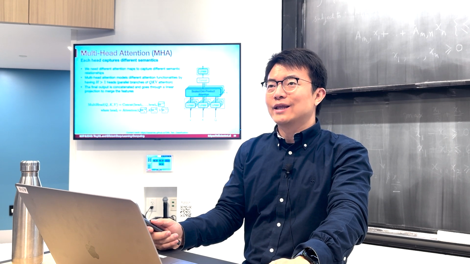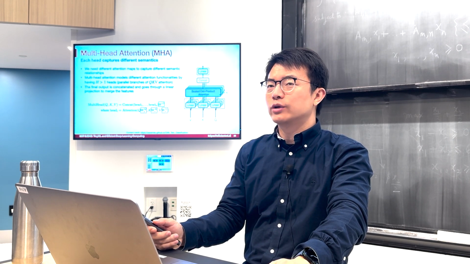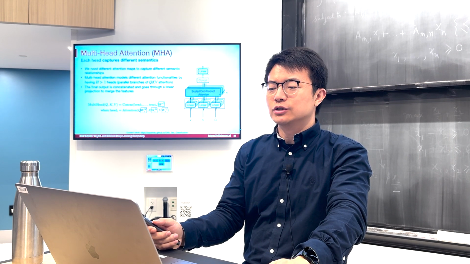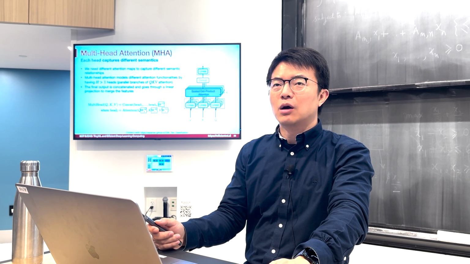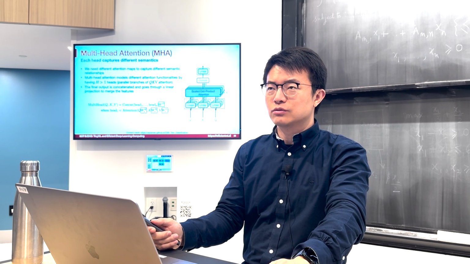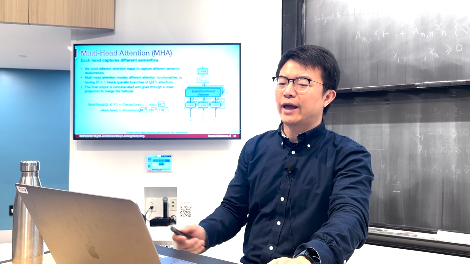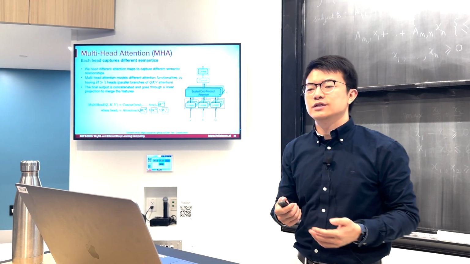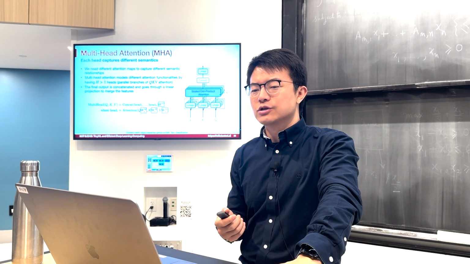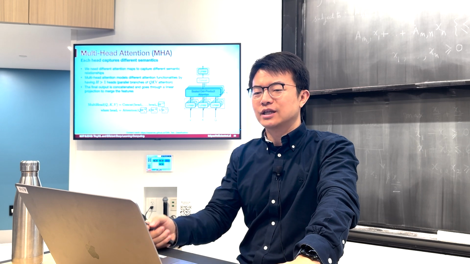So that is just one head modeling one possible relationship. What if we want to model diverse relationships, many relationships? So we want to add more heads to introduce multi-head attention. Each head captures different semantics.